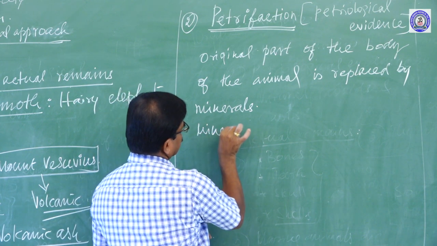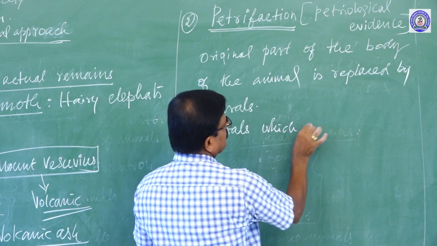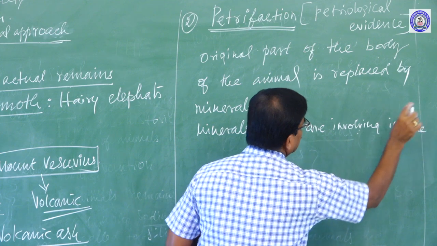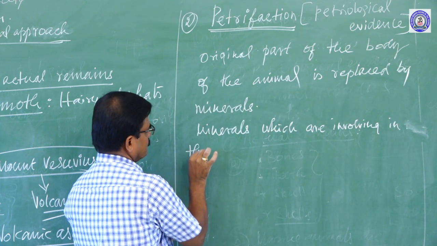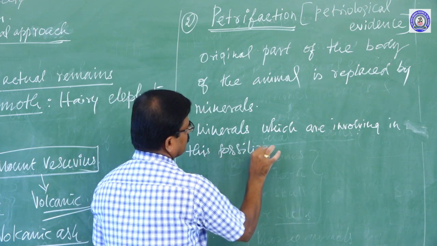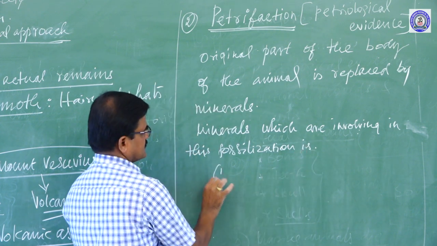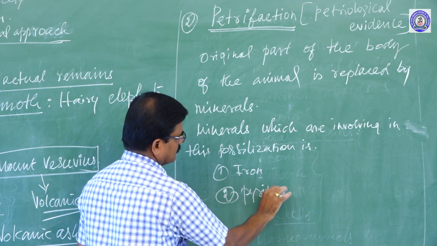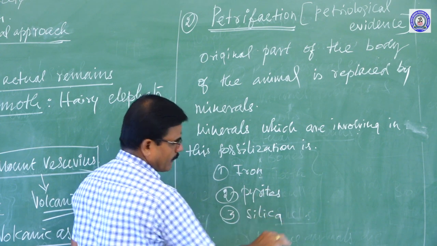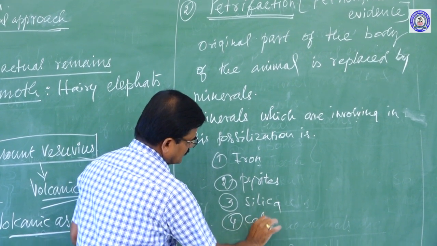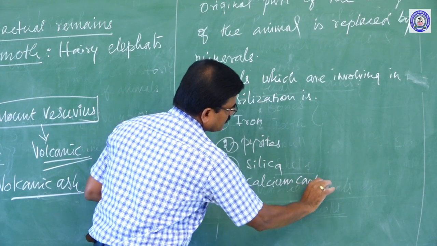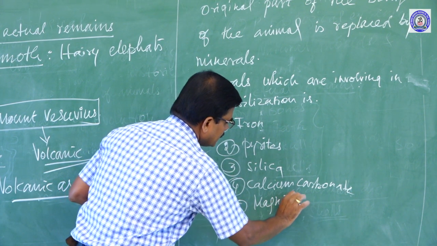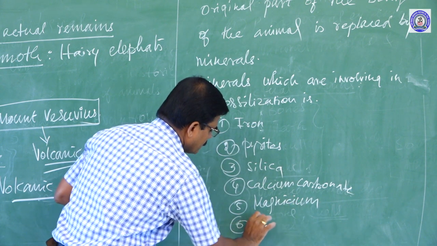Minerals which are involved in this fossilization: one is iron, second one is pyrites, third one is silica, fourth one is calcium carbonate, fifth one is magnesium, then bicarbonate.